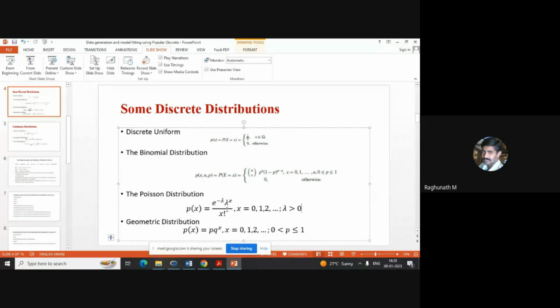Minus lambda, lambda to the power of x divided by x factorial, where x takes the value 0, 1, 2, and so on. So this is called countable. This lambda is a parameter which we call a rate parameter. As I told you, it is used to model rare events. So this lambda is nothing but the rate at which the events are going to occur. That lambda is referred to as the rate parameter.